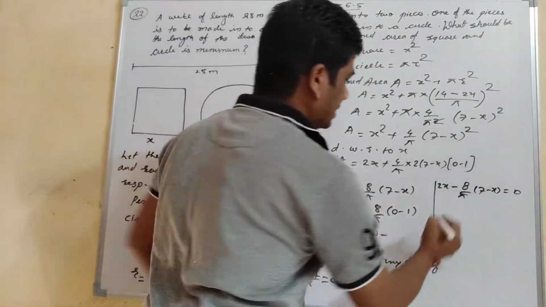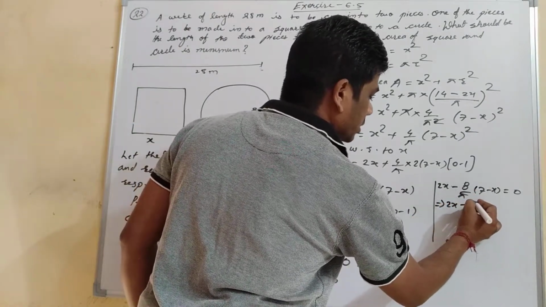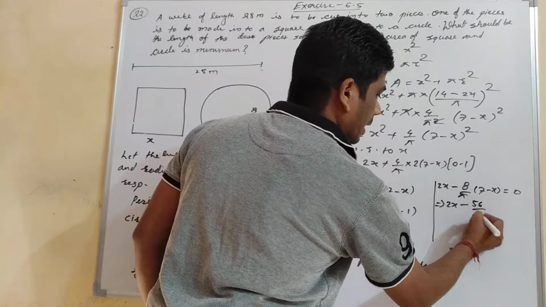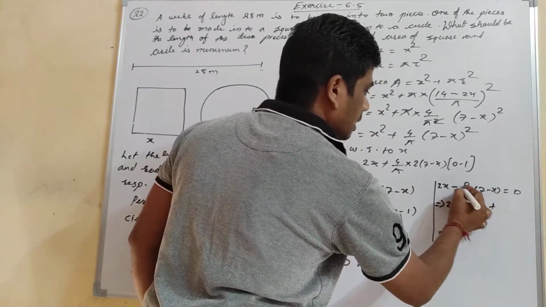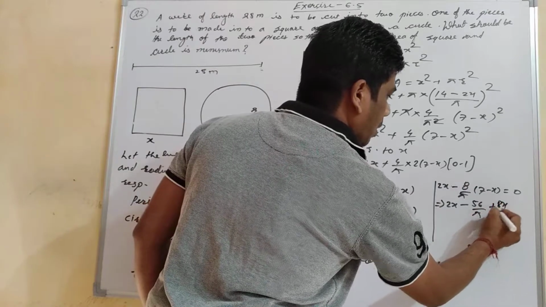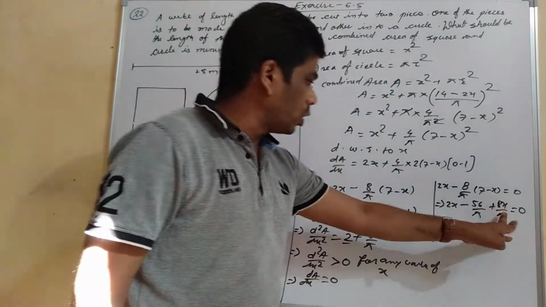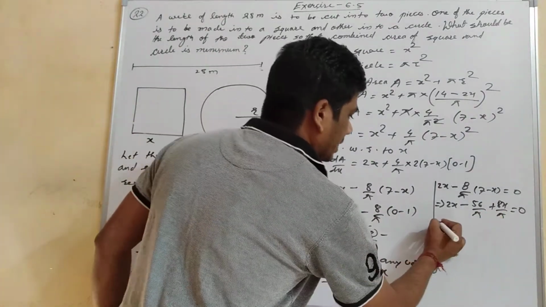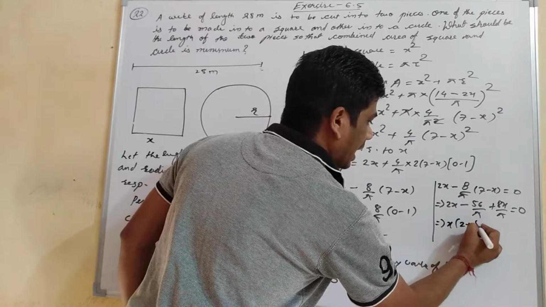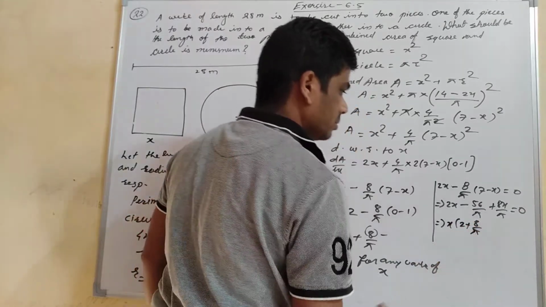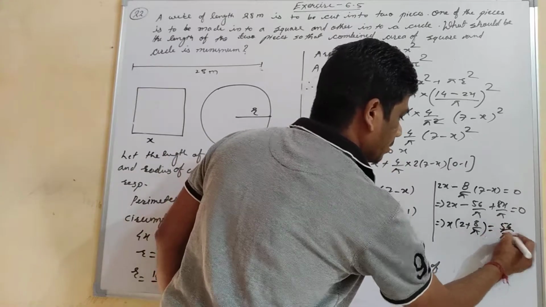We can multiply inside: it will be 2x minus 56 upon pi, minus it will become plus 8x upon pi equals 0. Okay, so these both are x values, so you can take x common. So x (2 plus 8 upon pi) equals 56 upon pi.